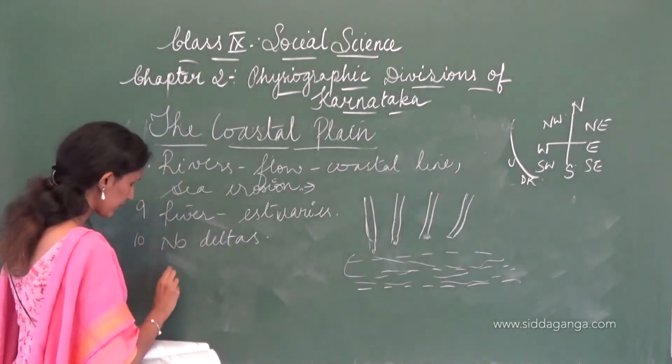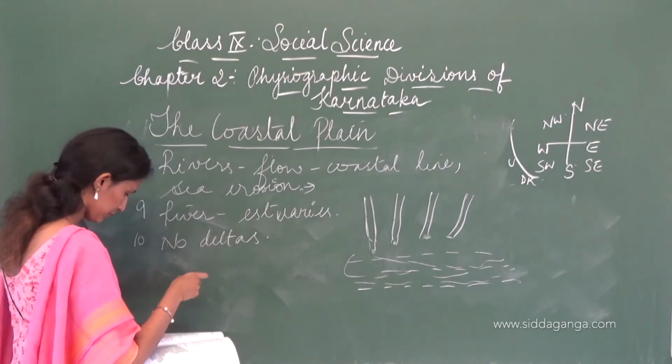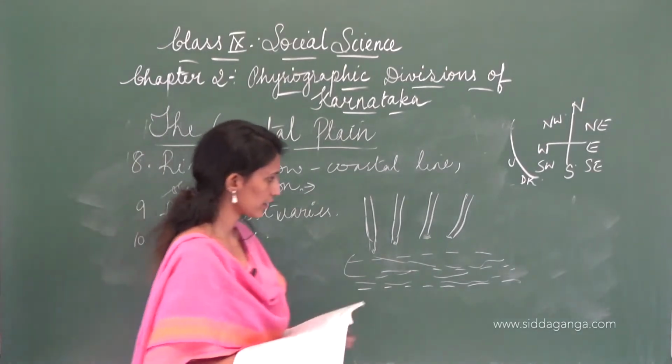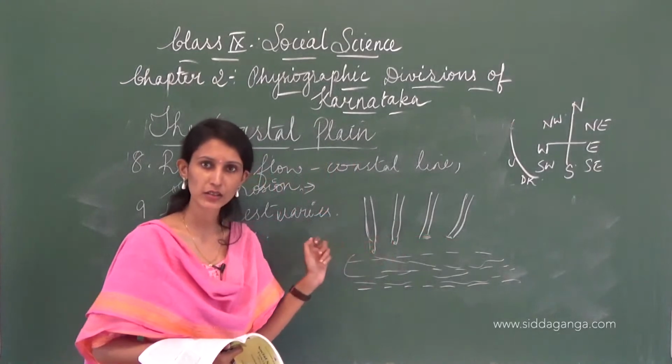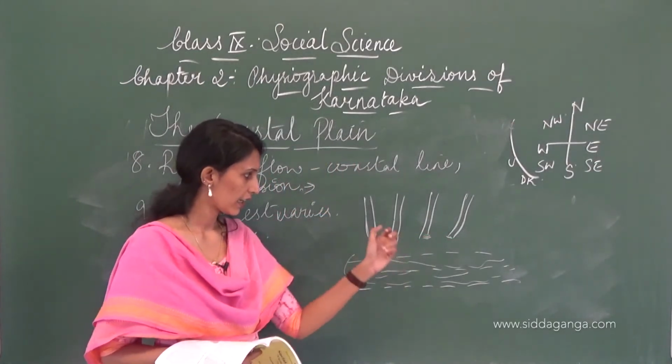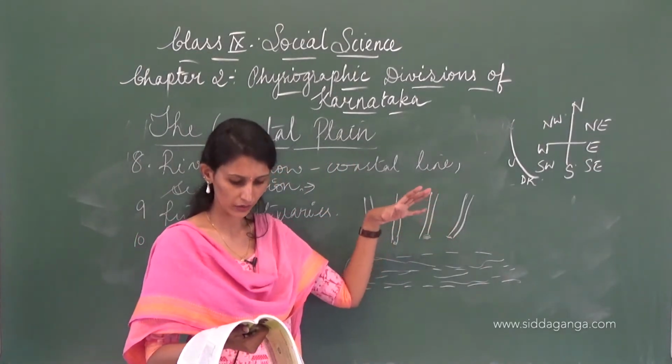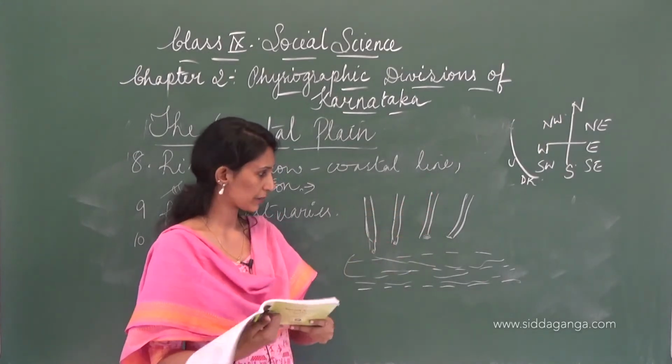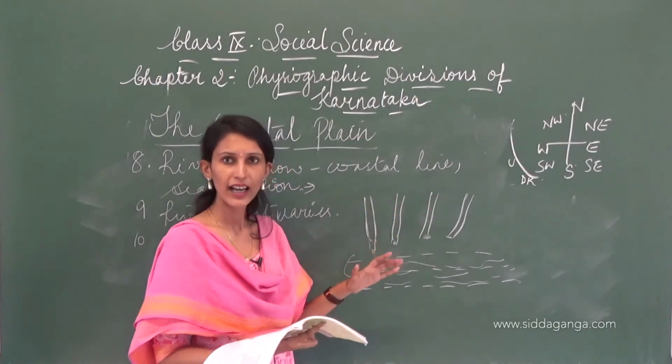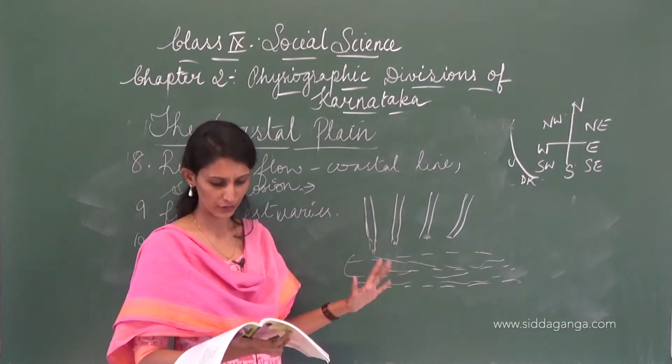Okay, deltas are, now when this was forming like this, because there is a lot of water flow in that coastal line, the land that was meeting at this mouth of the river has been completely vanished, okay.